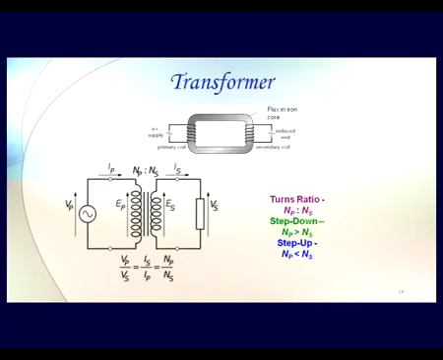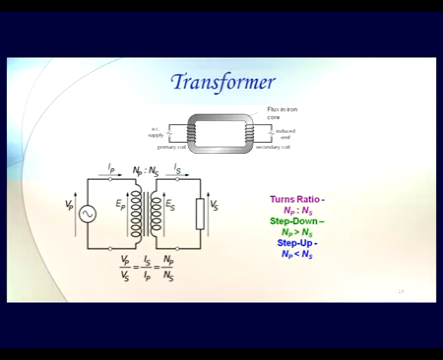The ratio of turns of primary to secondary is called the turns ratio, NP to NS in our primary and secondary nomenclature. If we have more primary turns than secondary turns, there is a lesser voltage induced in the secondary, because as per Faraday's law, the electromagnetic induction per unit turn is the same.